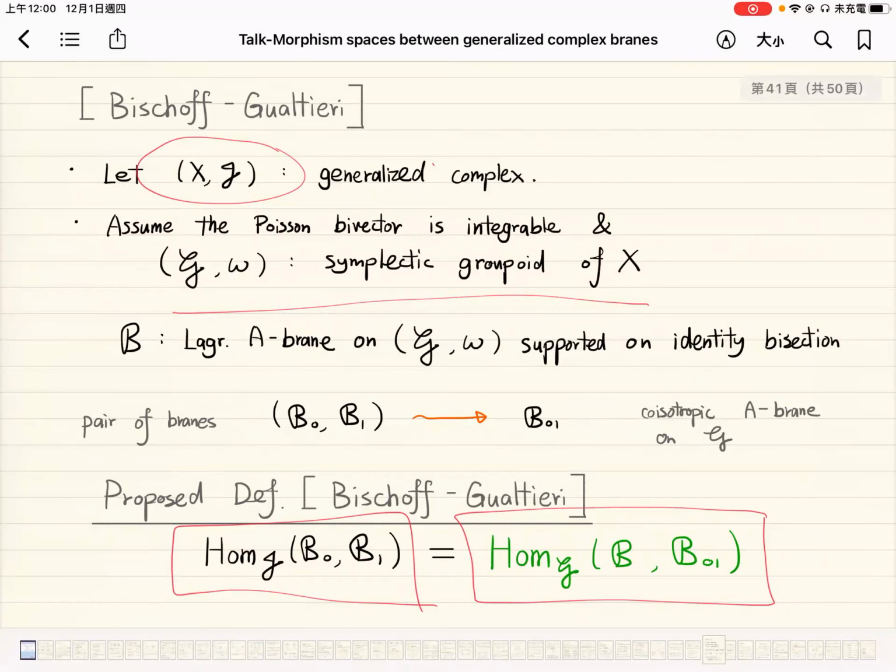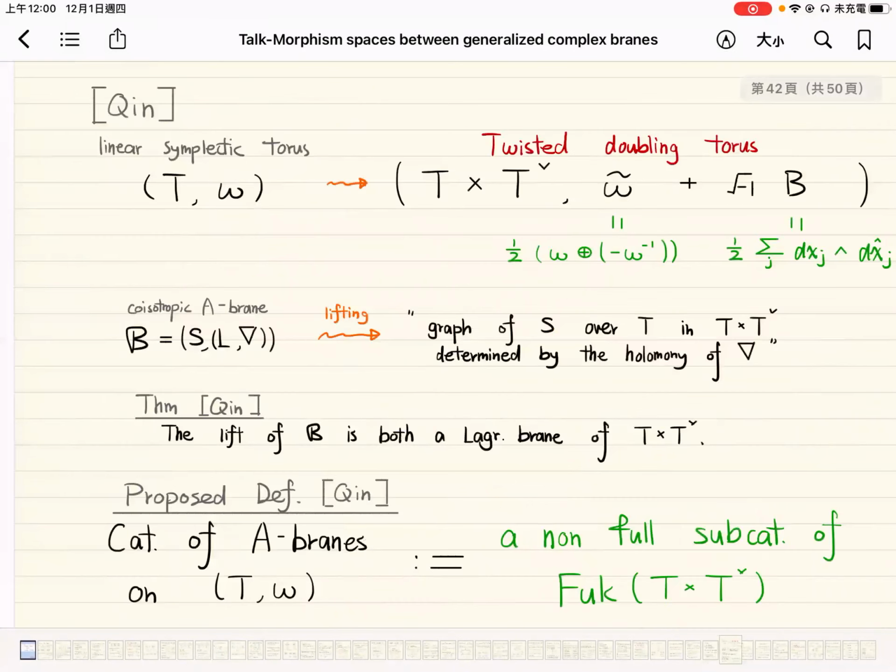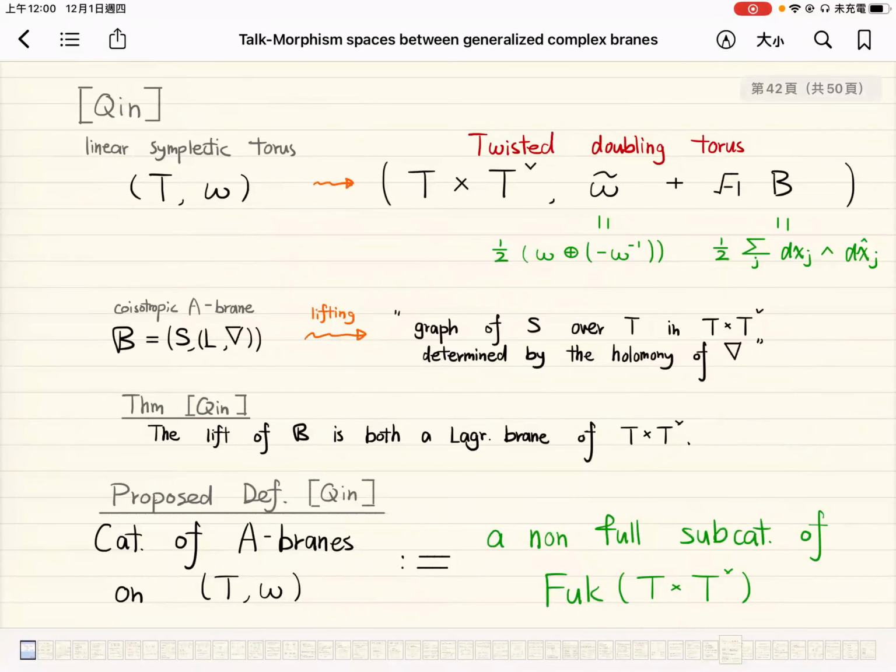After this, I also would like to mention a recent proposal on defining this kind of morphism space between coisotropic A-branes. There was also another recent work given by Chin that considered the linear symplectic torus. So I'll just be brief about his work. We have a linear symplectic torus.